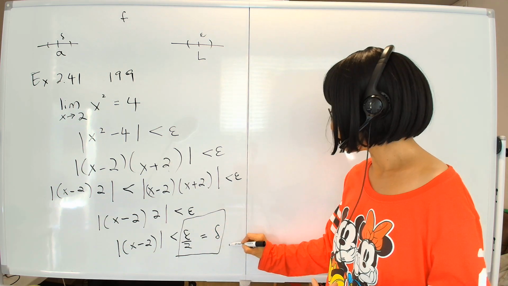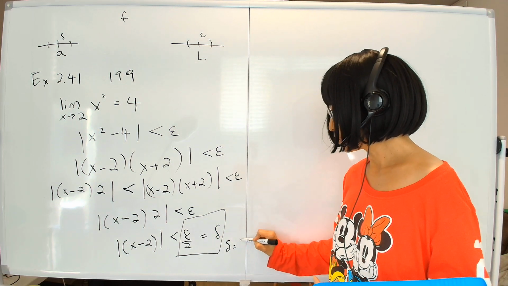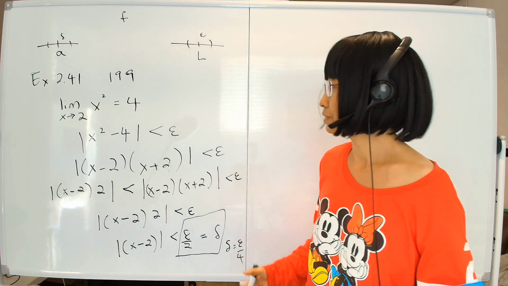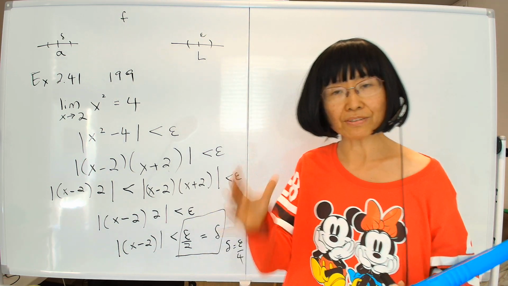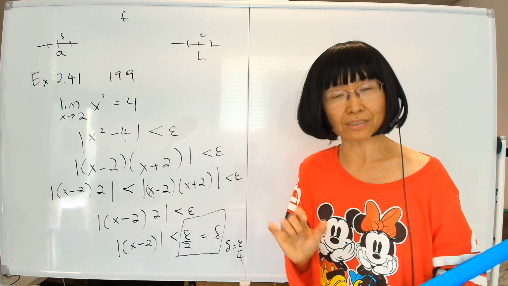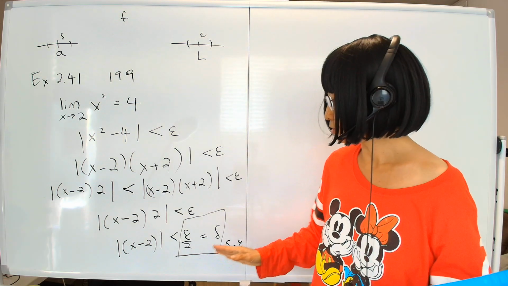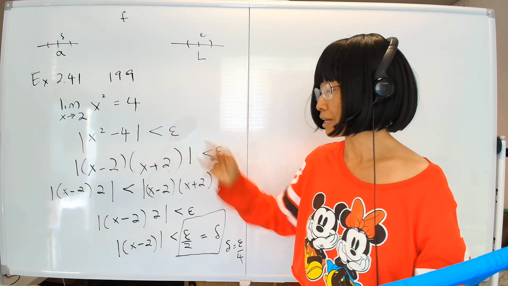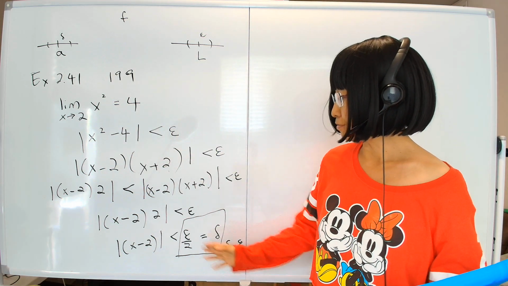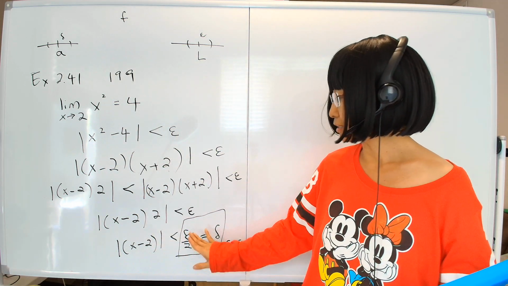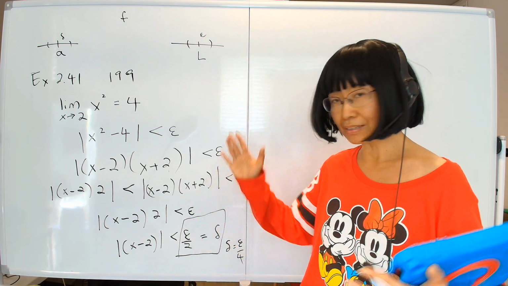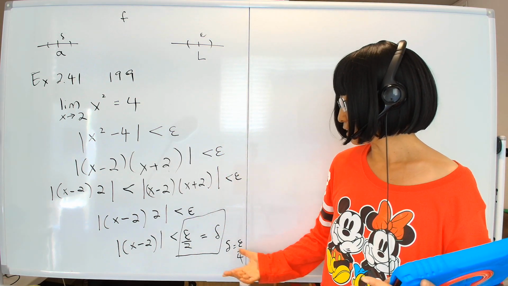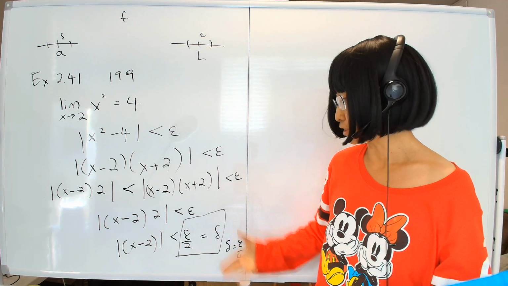What if delta is even smaller, say epsilon over 4? Yes, that works too, because the definition says you need to find a delta small enough so that every x ends up within epsilon. If everything within epsilon over 2 fits, then if you restrict the area, with a smaller delta, it for sure fits.